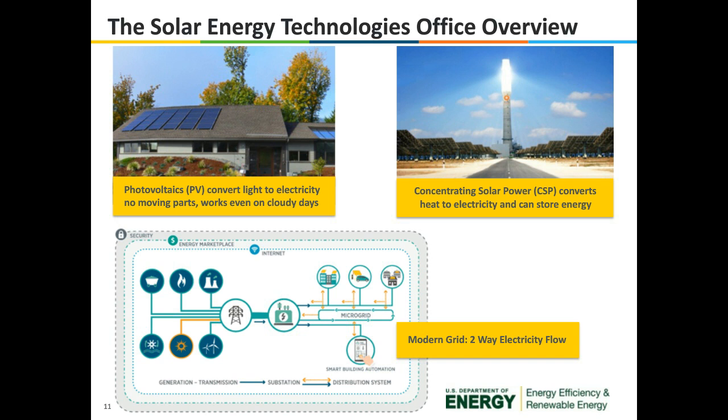The bottom graphic basically shows the modern grid, where generation of many different varieties connects into the transmission grid, and through that to substations and then to feeder lines.